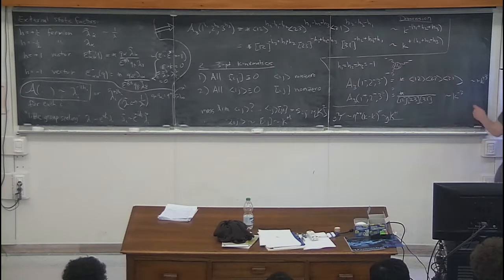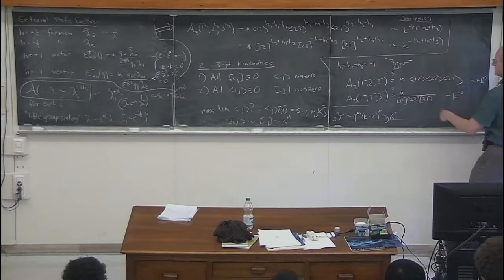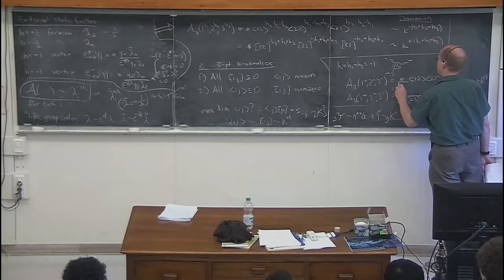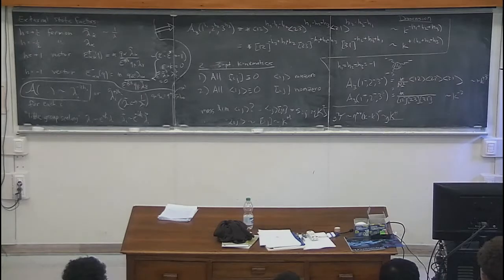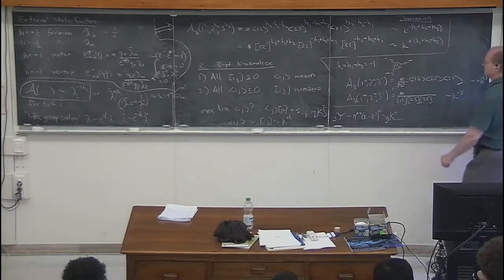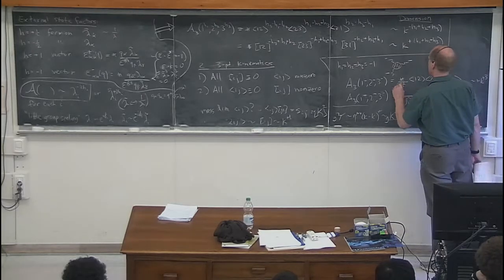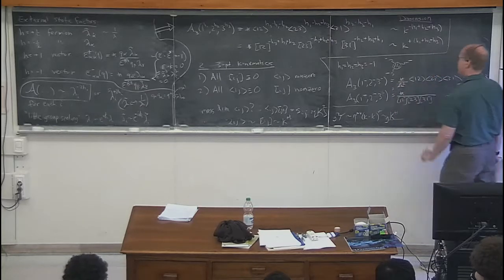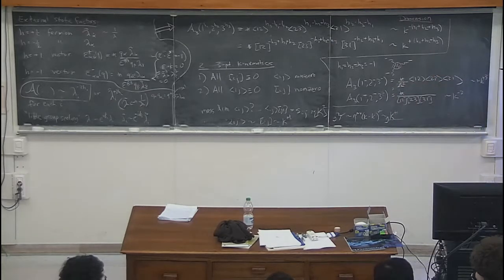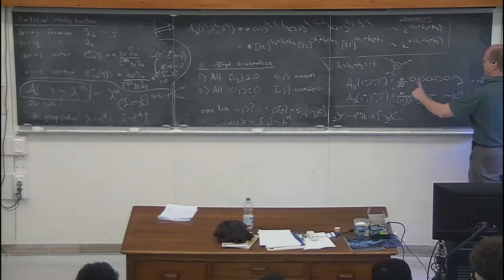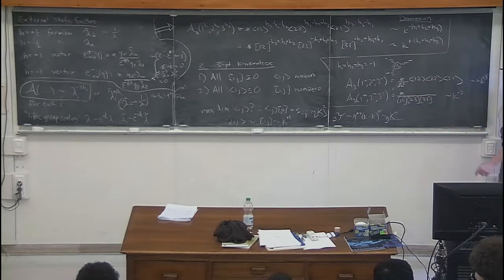It turns out that to make the overall dimension 1, we can put a 1 over m squared there. Or let me call it 1 over lambda squared, because it's sort of like a cutoff. So this amplitude is not produced by Yang-Mills theory.